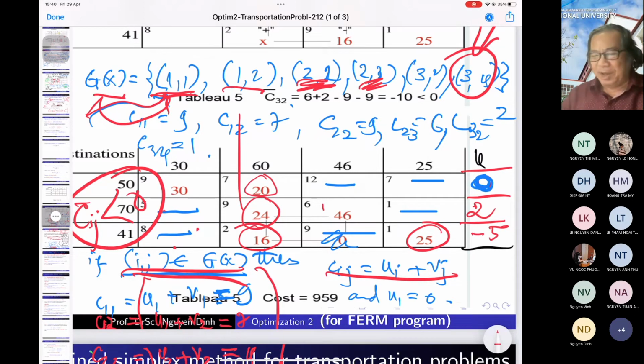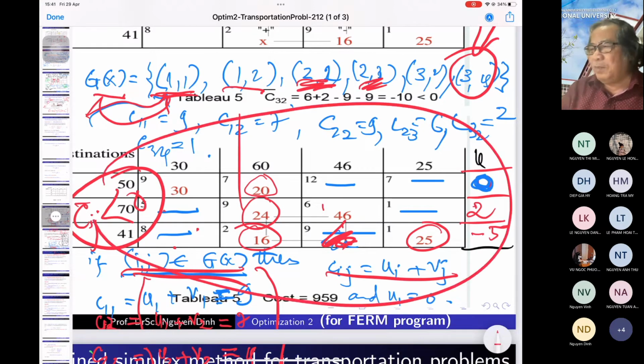The new table gives you a new problem with a new initial feasible solution, and you do what? Find Ui Vj, find C bar Ij, and if C bar Ij is negative, then you have the entering variable, and you find the leaving variable, and then you update like this. It becomes 0 here, and then you update the table and finish an iteration.